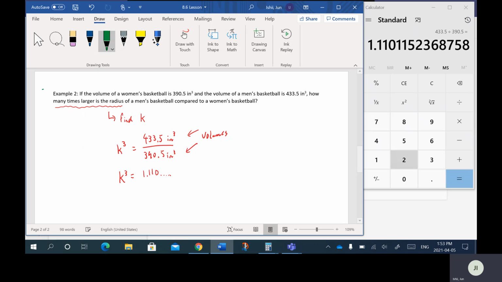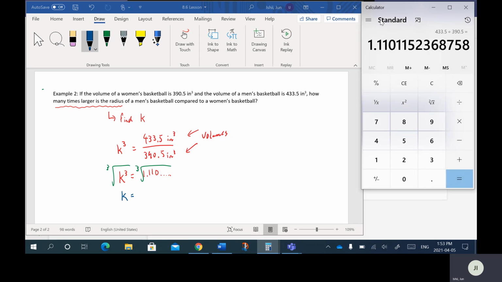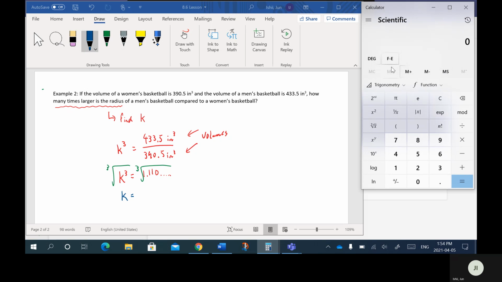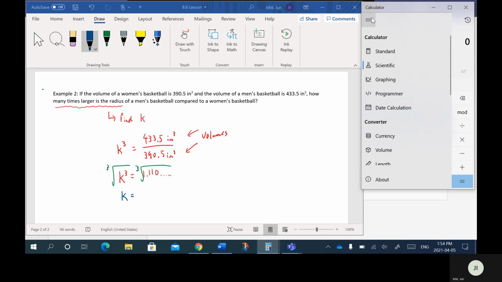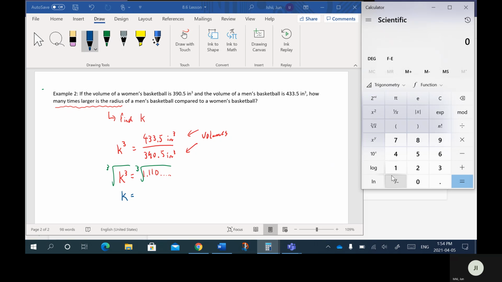Now to solve for k, I need to take the cube root of both sides. On this calculator, I'll punch that in again.